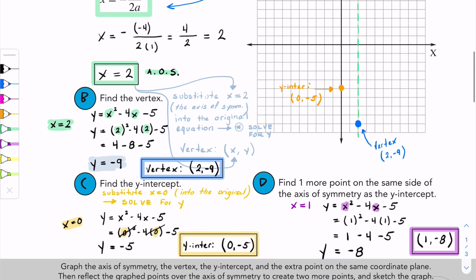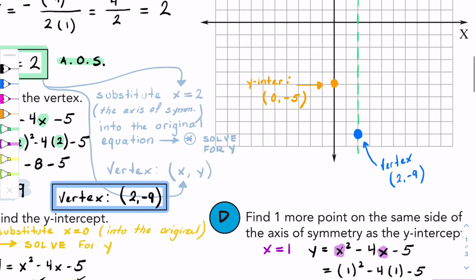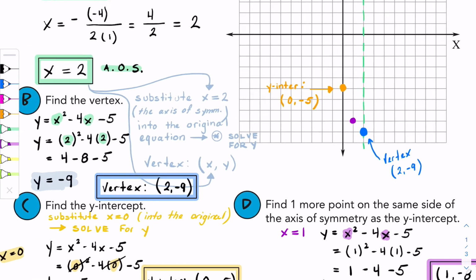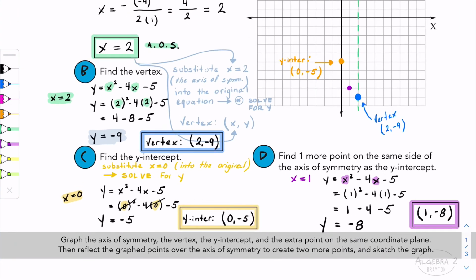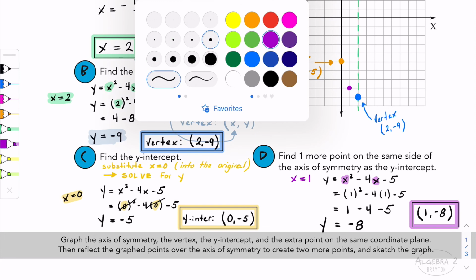When I plot this point on my coordinate plane, this point is right here. Now I could have tested other points. Just again, make sure you're picking a point that is close to that axis of symmetry and y-intercept. And the last part about graphing is this note down here at the bottom.